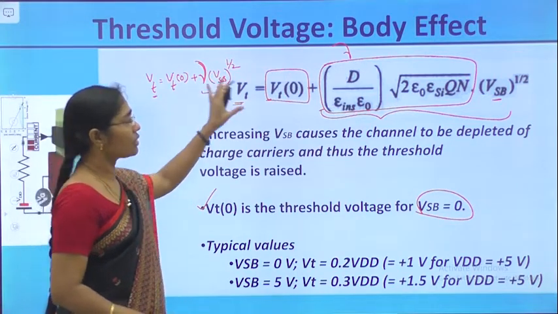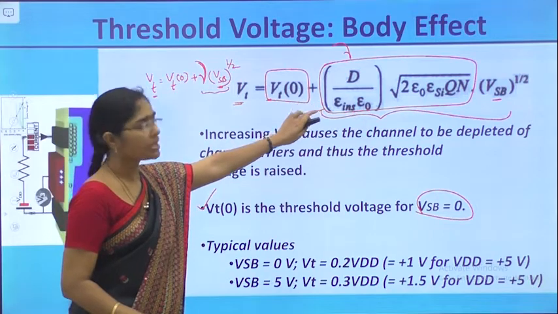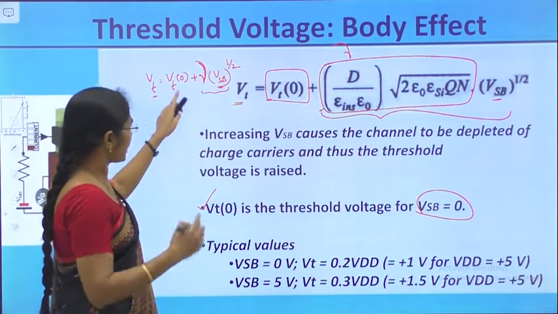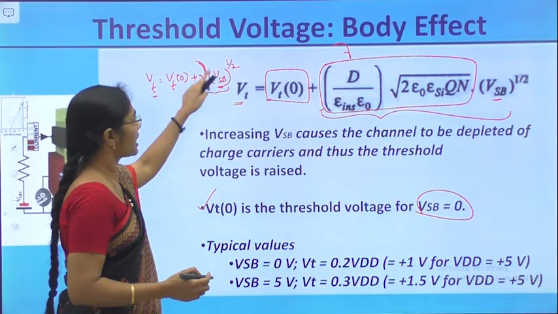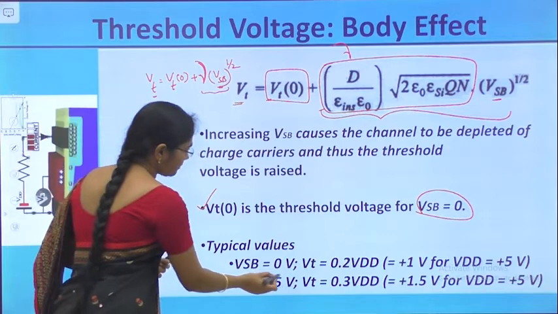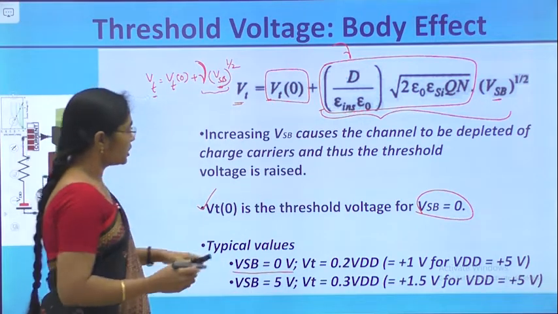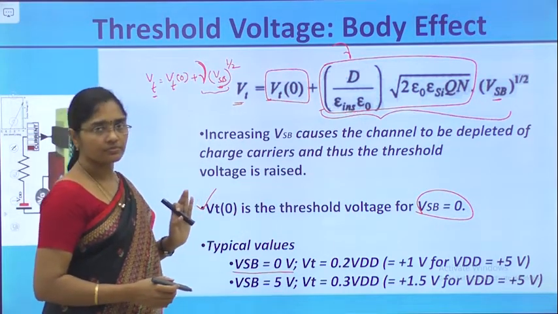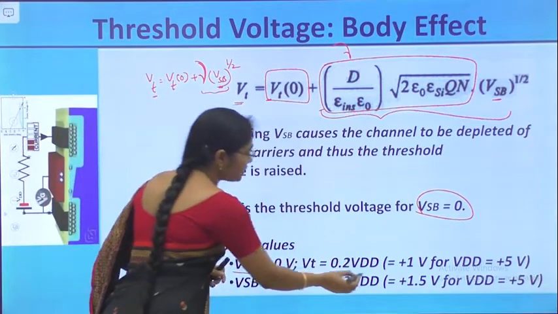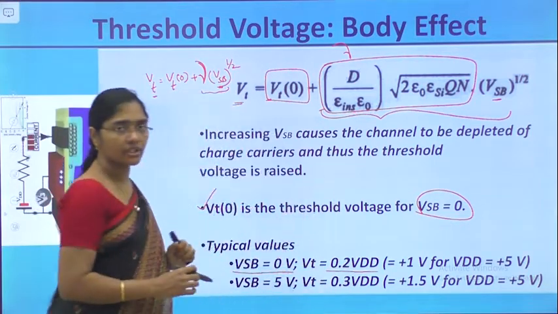This is the body effect coefficient gamma and it is represented like this, and Vt is the initial Vt plus the added Vt. For example, as a typical value, let us take VSB equal to 0, the ideal case. Then Vt is 0.2 VDD.